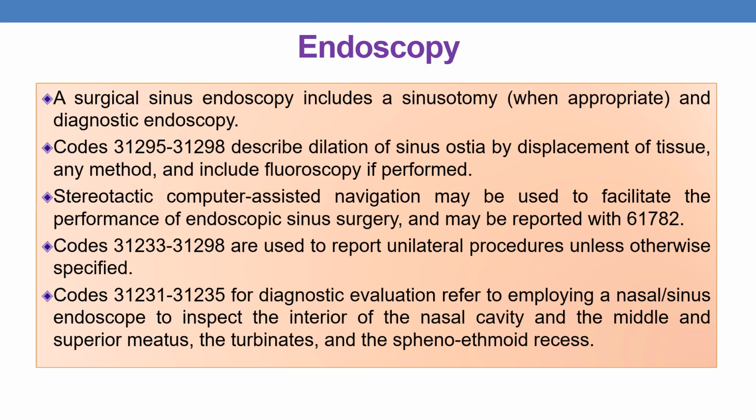Now coming to endoscopy. A surgical sinus endoscopy includes sinusotomy. This is an important point. A surgical sinus endoscopy includes sinusotomy when appropriate and diagnostic endoscopy. The codes 31295 to 31298 describe dilation of sinus ostia by displacement of tissue, any method, and include the fluoroscopy if performed.